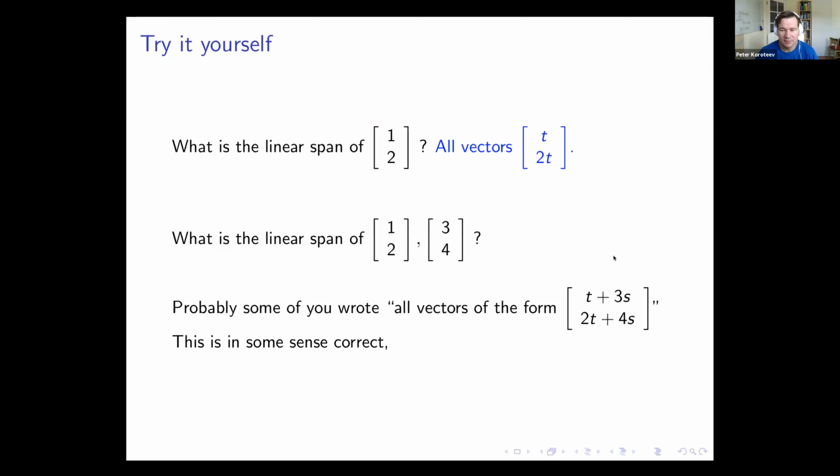And in some sense it's correct, but we can say more, right? So the answer is actually all of R2, right? Because these are two independent parameters you can relabel. You can say that a is equal to t plus 3s and b is equal to 2t plus 4s.